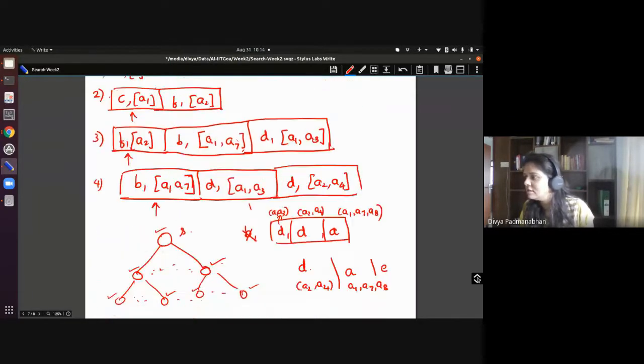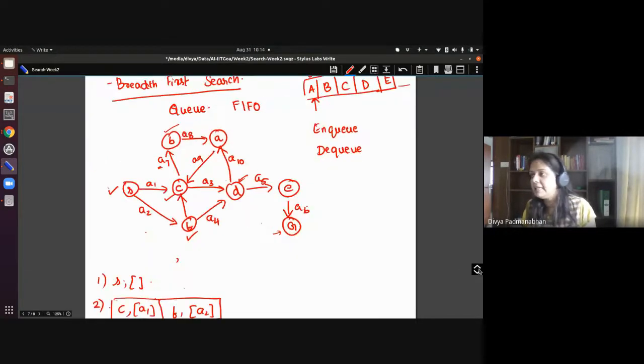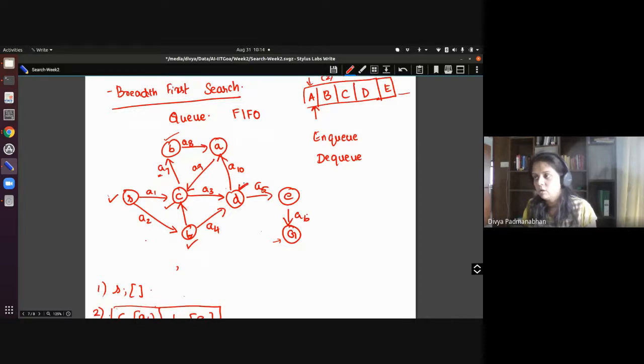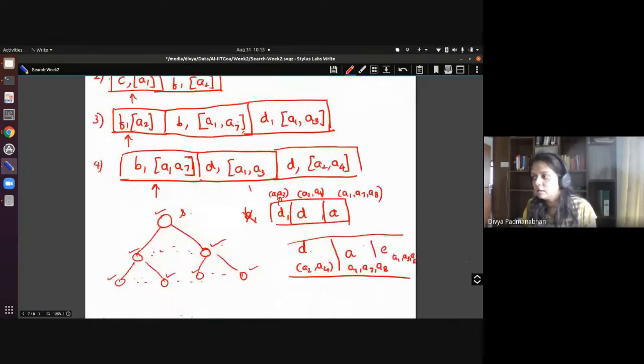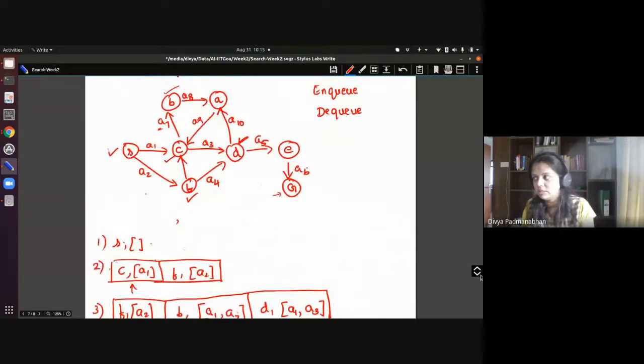So this was a neighbor of this D. So A1, A3, A6. I'm sorry, it's just gone. Now D has been marked visited. So now the next in the queue, there is again another D. What is going to happen is you've already marked it as visited.